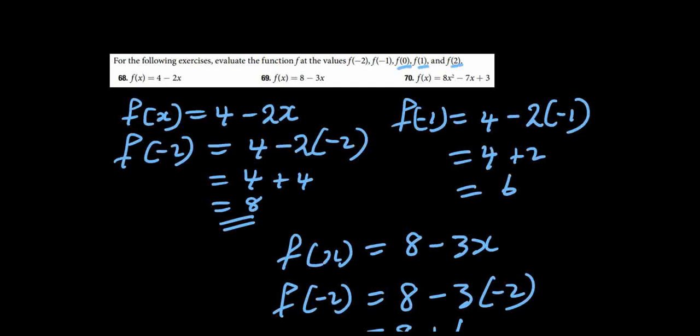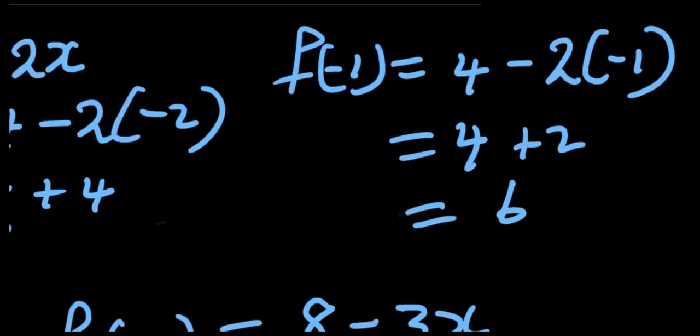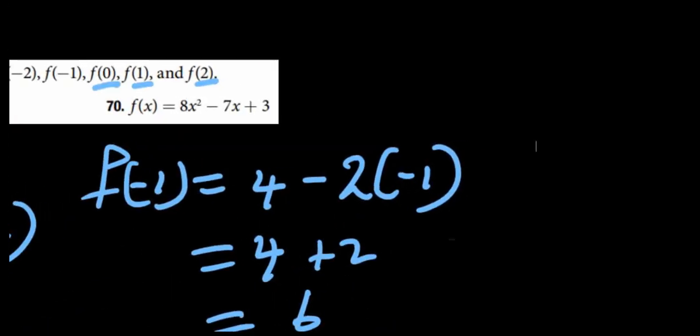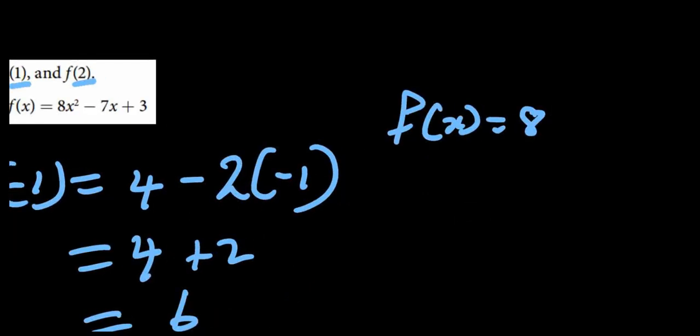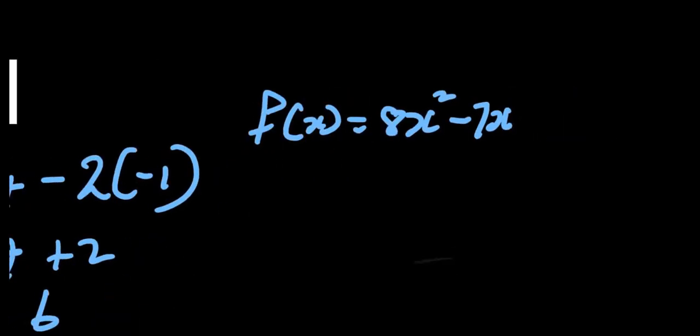Finally, let's take question 70. Question 70, we have f of x equals 8x squared minus 7x plus 3.